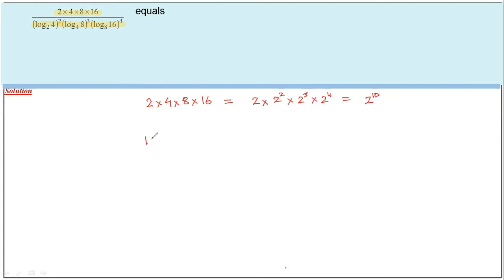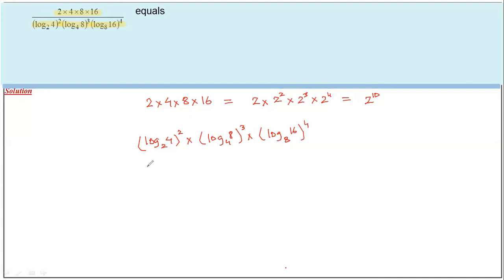And we have log 4 base 2 whole square into log 8 base 4 whole cube into log 16 base 8 whole to the power 4.